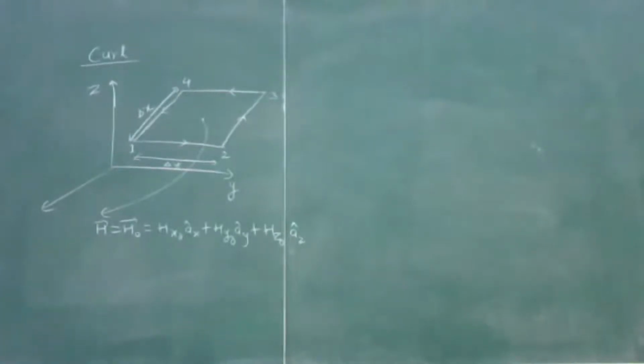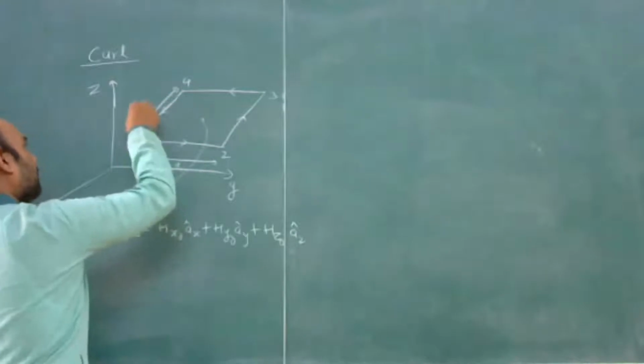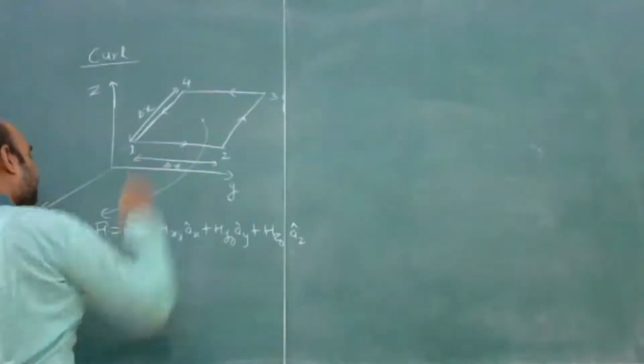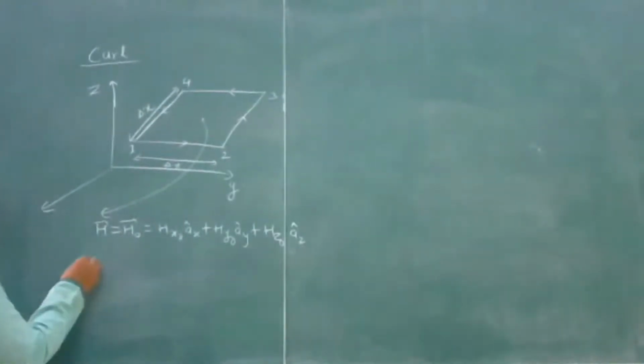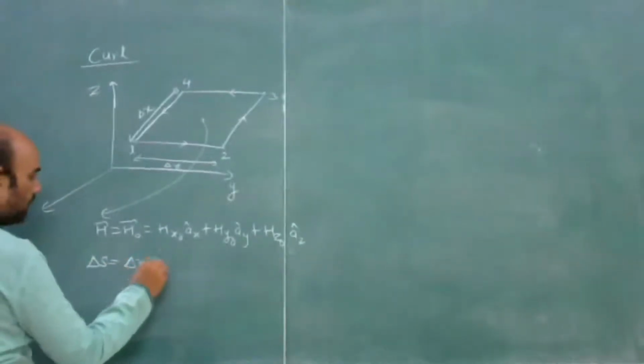This is the incremental closed path with lengths delta x and delta y, and the surface area delta S is delta x into delta y.